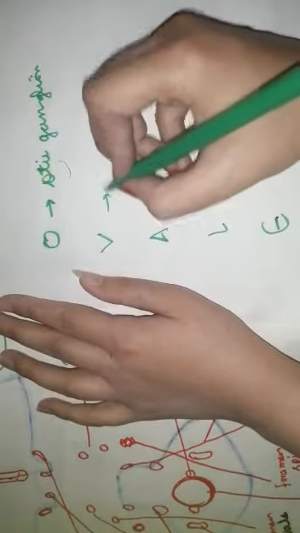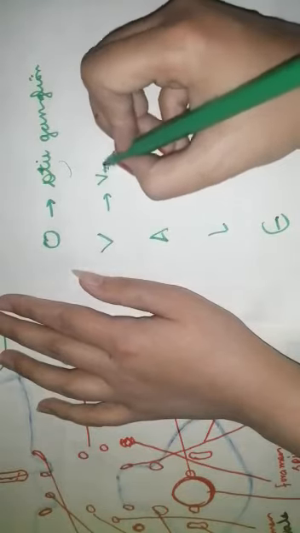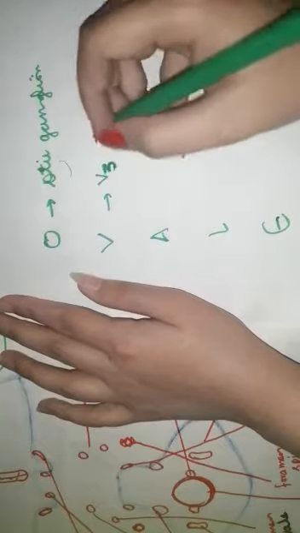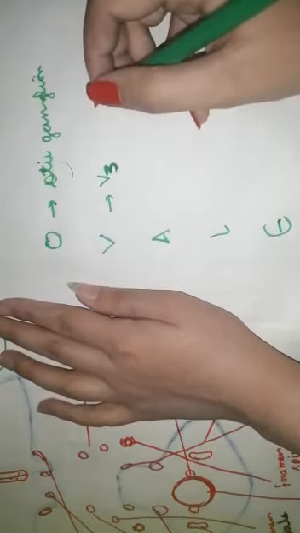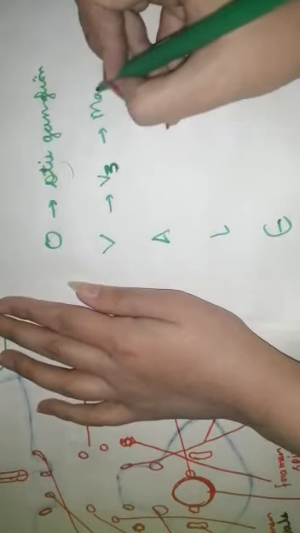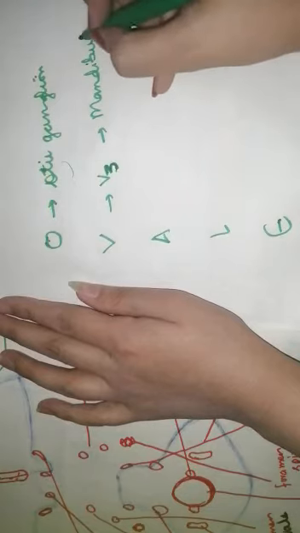From V there is V3, that stands for the third division of the trigeminal nerve, that is the mandibular division.